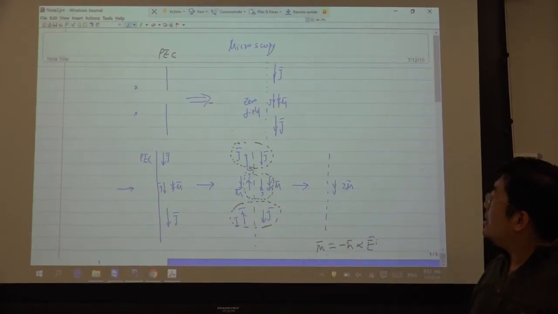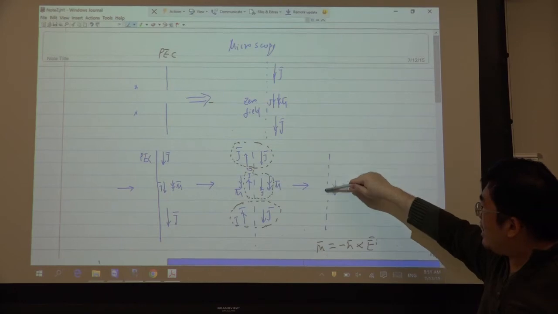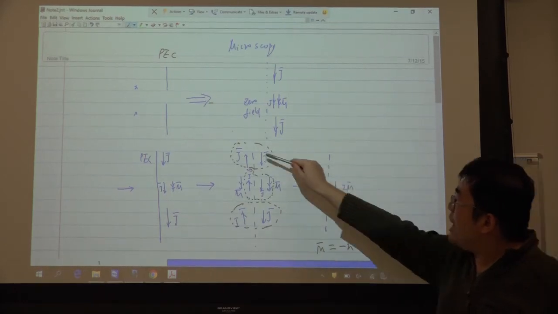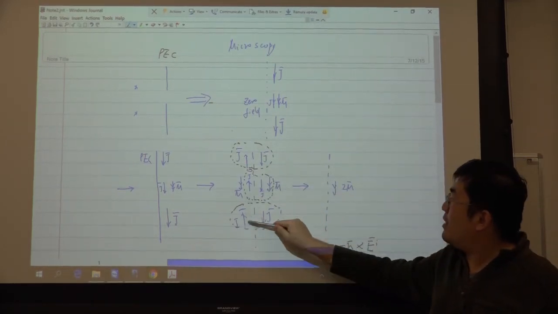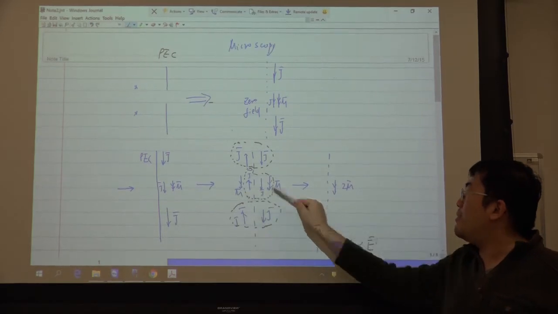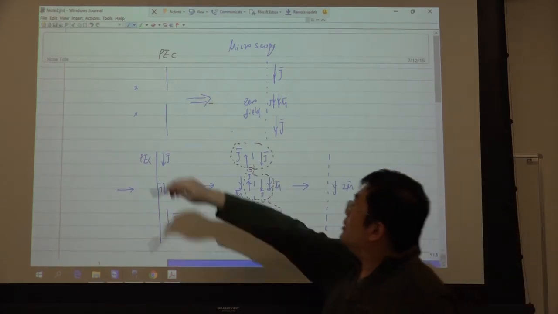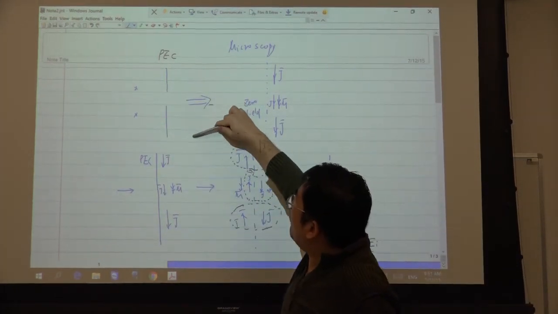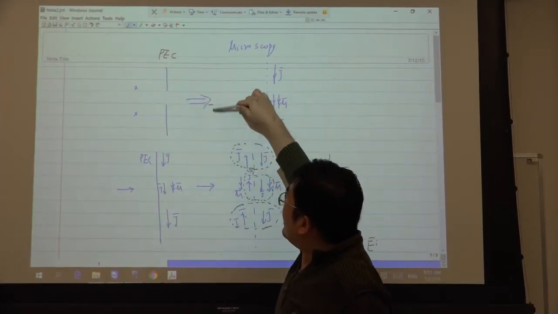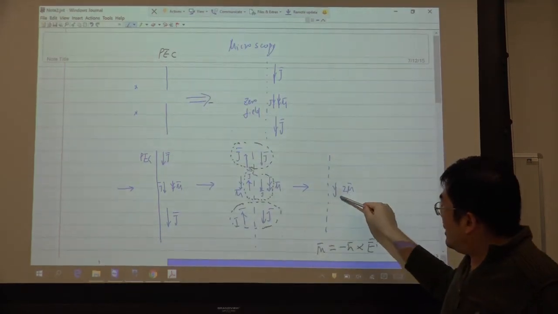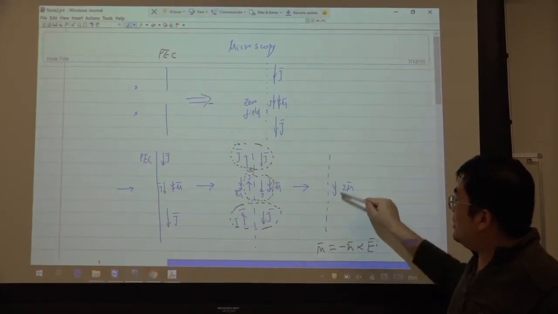So finally, this problem can be changed to just 2M here. J is reversed, so they cancel each other, but M is in the same direction, so it has 2M. So if we want to know the total field in front of the screen, knowing the equivalent magnetic current is good enough.